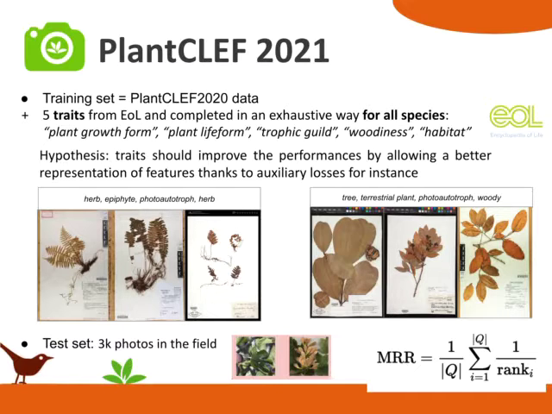These traits are plant growth form, plant life form, trophic guild, woodiness, and habitats, and all of them provide some information on the species that could improve performance by allowing a better representation of features, thanks, for instance, to auxiliary losses in the network.